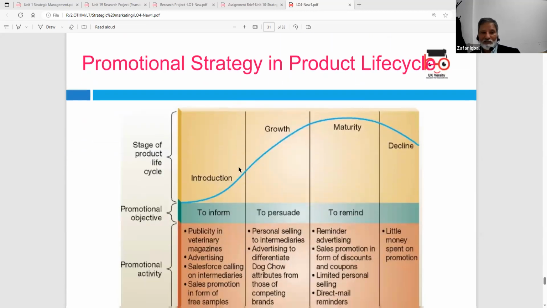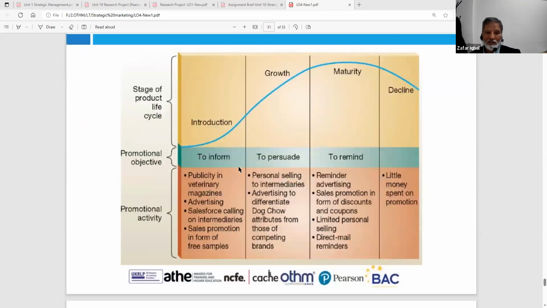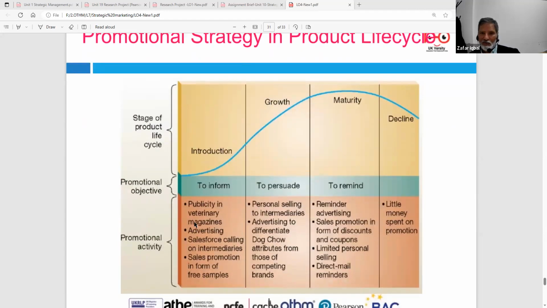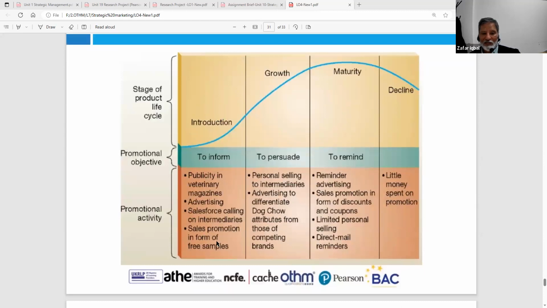Okay, promotion strategies. When we are talking about promotional strategies for different products at different life cycle stages, for example at the first stage of introduction, the main purpose is to inform the public of the product. We advertise, we try and promote the product.